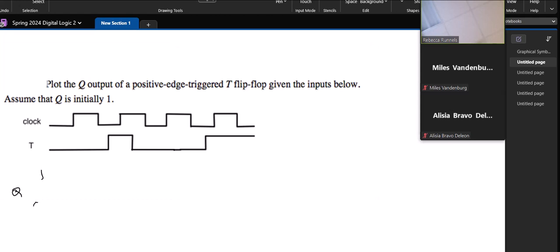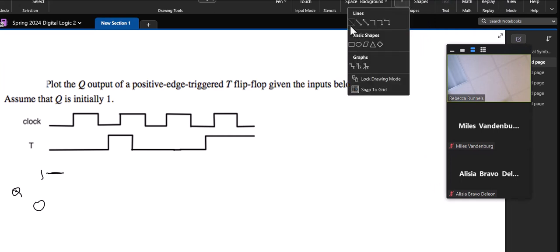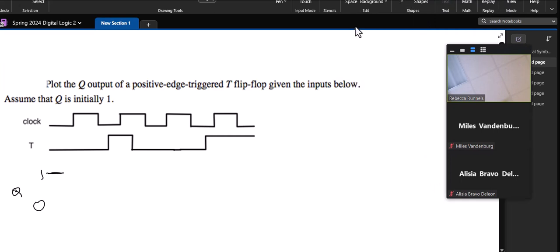Assume that Q is initially 1. So Q starts at 1. Now it says it's positive edge triggered, so what I like to do is locate the positive edges, and I know that I can only change at the positive edge. And so I'm going to draw lines at my positive edges.